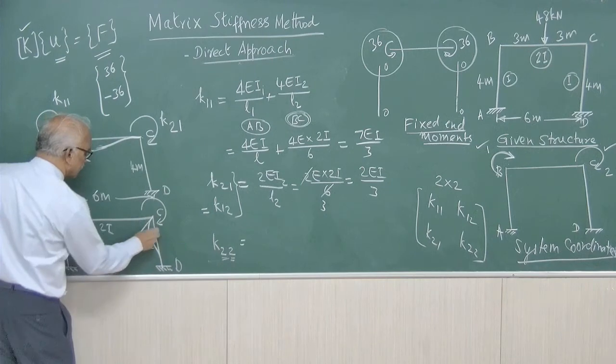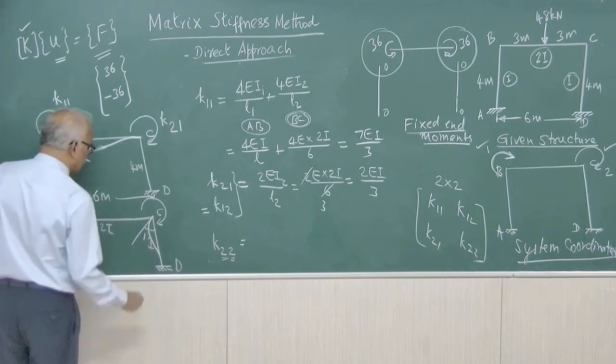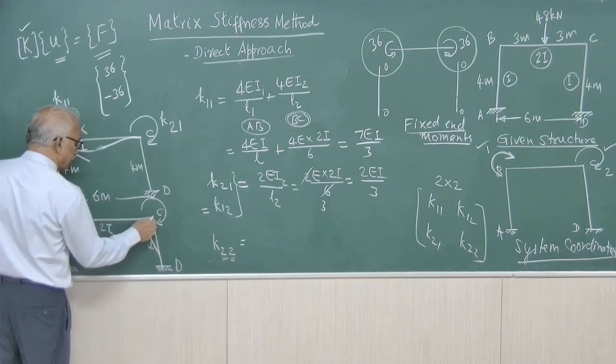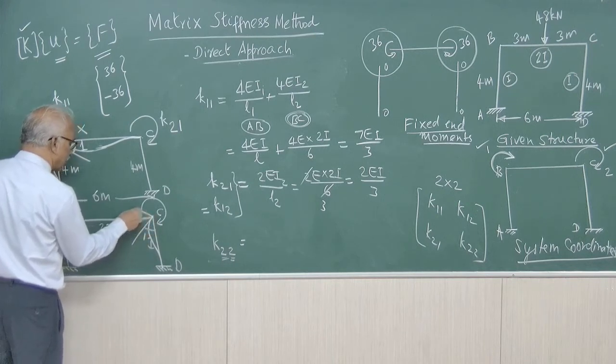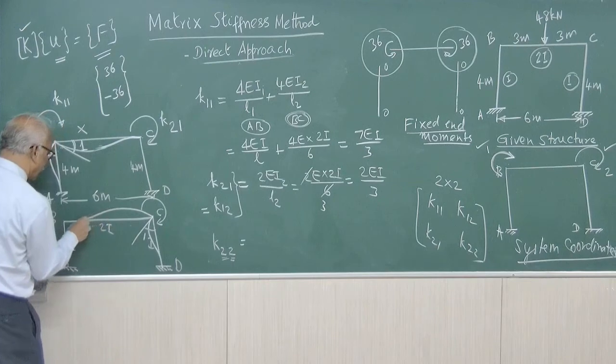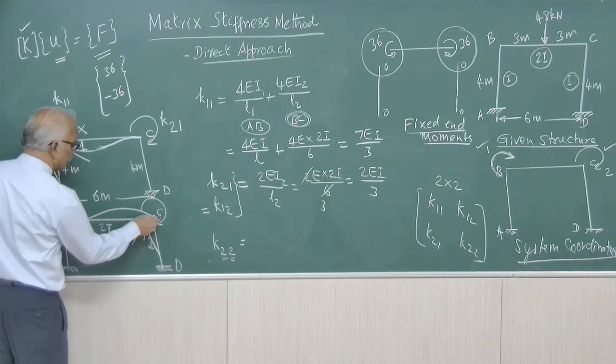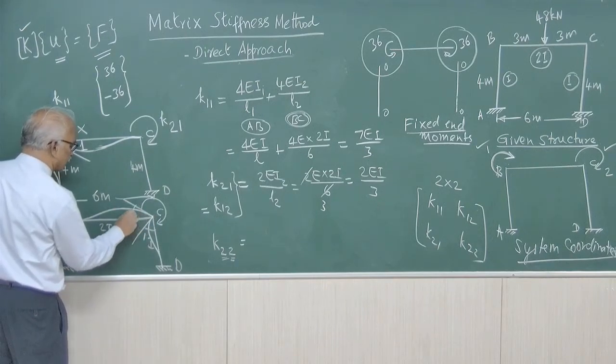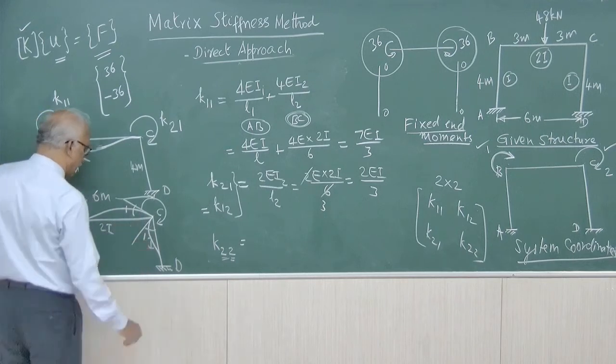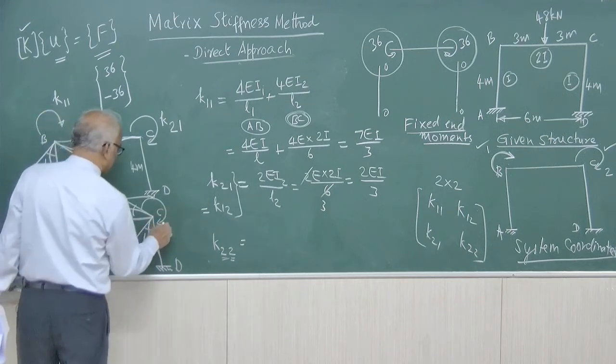This joint being a rigid joint, even after the deformation the same angle will be maintained, therefore this will also undergo a clockwise rotation of unity and again it will be straight. So this is the force that is required.